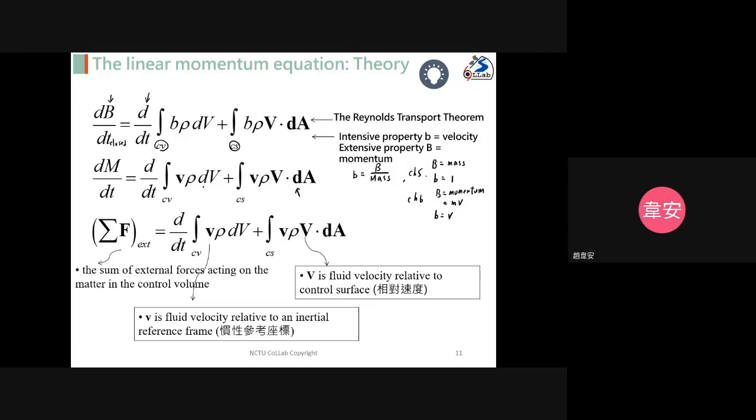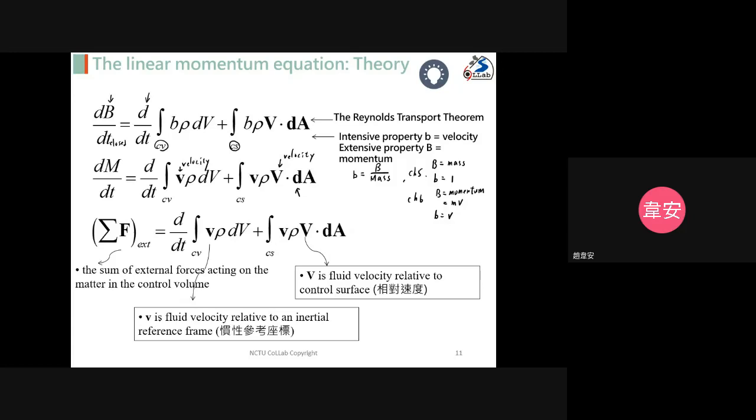So please notice that this is our linear momentum equation, but the two parameters have the same physical unit. The small v vector we call the velocity, but the capital V here is also a velocity. They are both velocities, so why do we use different symbols, one small and one capital? Let's write down the definitions.